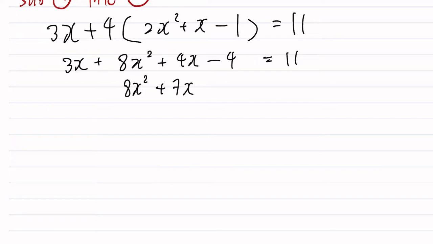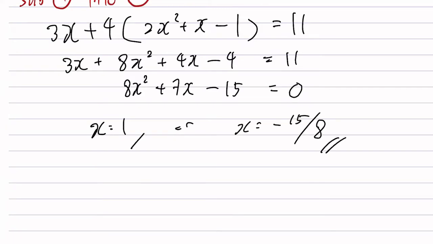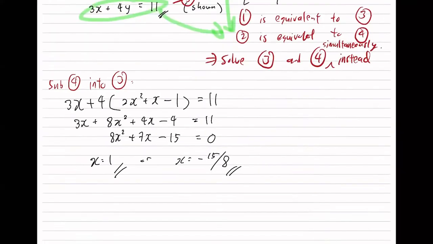Minus 4, bring the 11 over, minus 11, minus 15. Yeah. x equals to 1 or x equals to negative 15 over 8. Yes, perfect. Very good. That's it.